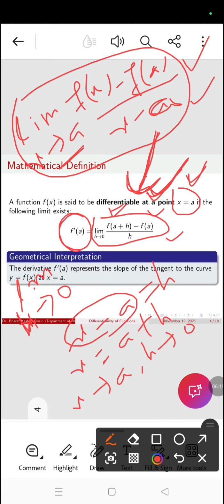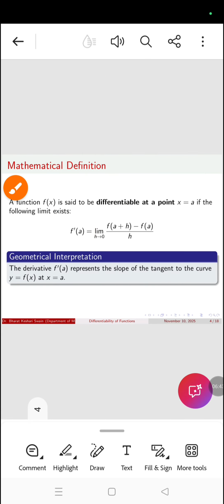That is the derivative of f at x equal to a, and the value of the limit will be equal to the value of f dash a. Clear?